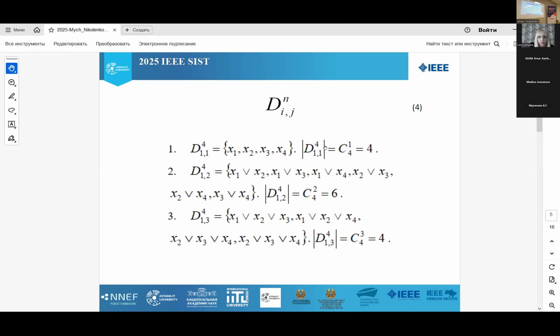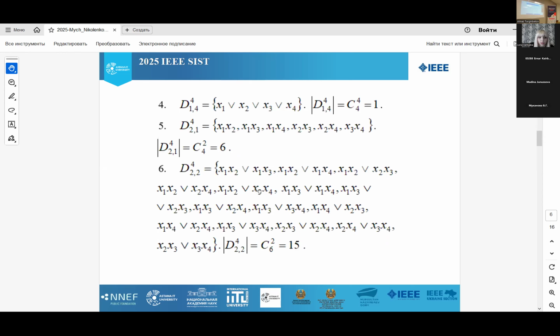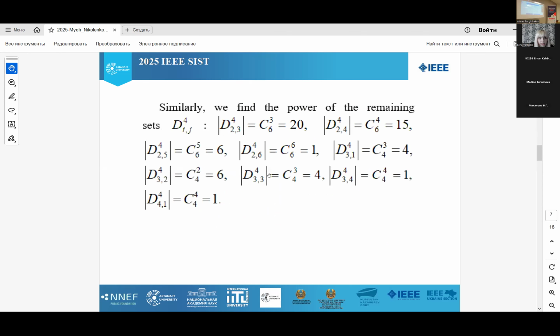Let us denote by 4 the set of deadlocked disjunctive normal forms of n variables of the ith order with the rank j. We write out all elements of the set of deadlocked disjunctive normal forms of 4 variables and find formulas for finding the cardinality of this set.